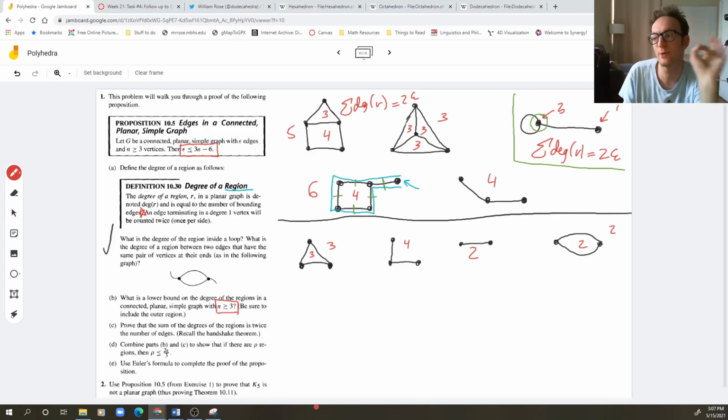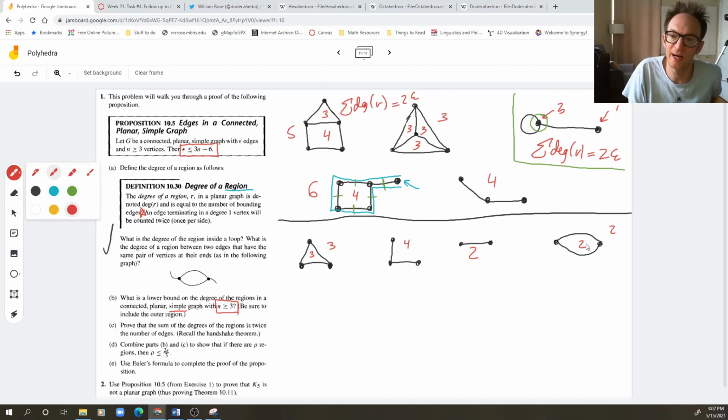So if we focus on only simple graphs, that's what we're doing, then we can't have a region bounded by only 2 edges, and therefore the conclusion of part B is that it's 3.